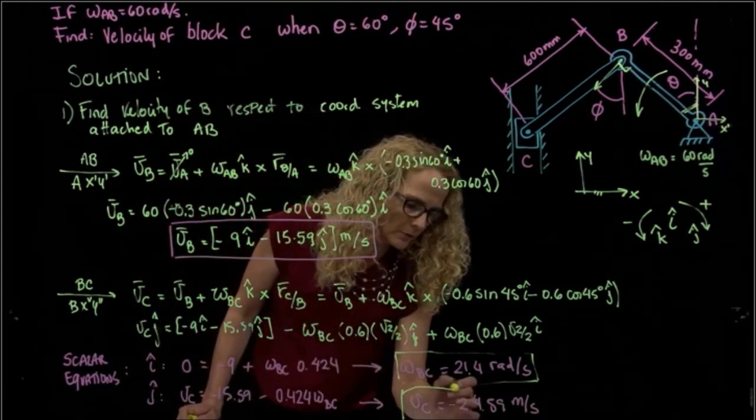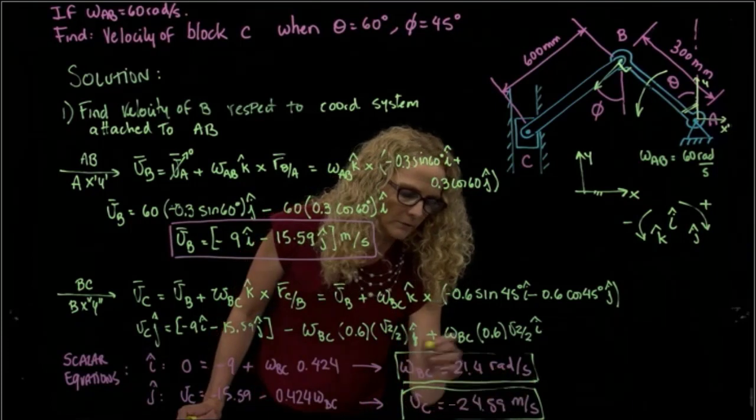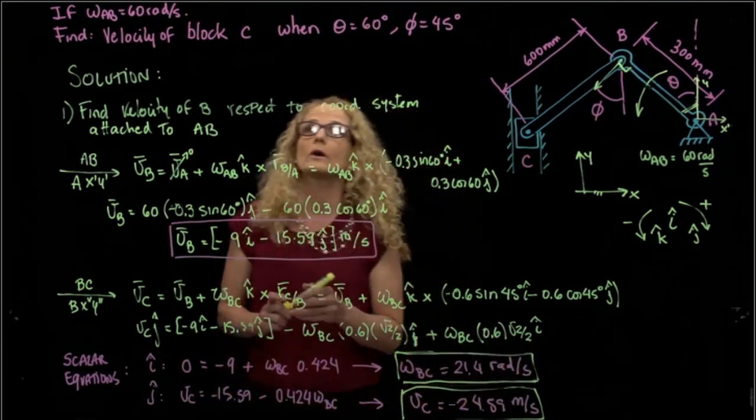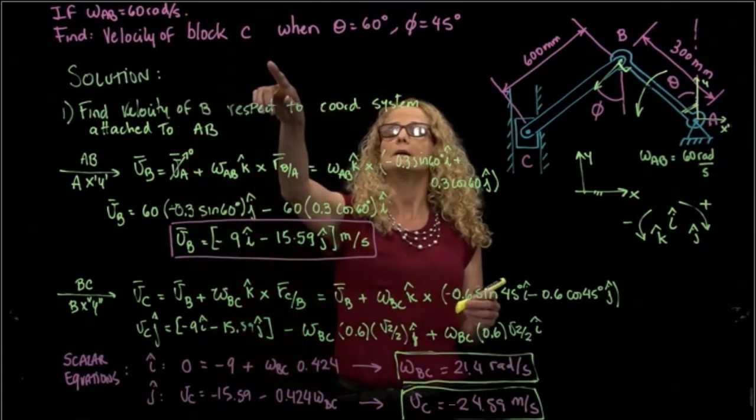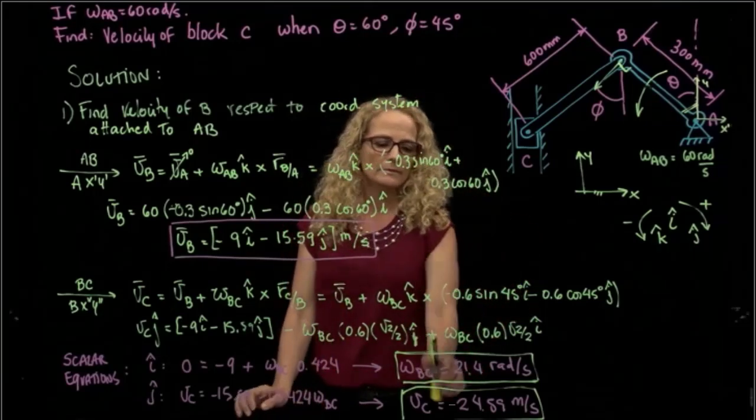So those are both results from what I was looking for. I was looking for the velocity of block C for a specific instant, and those are the results that I get.